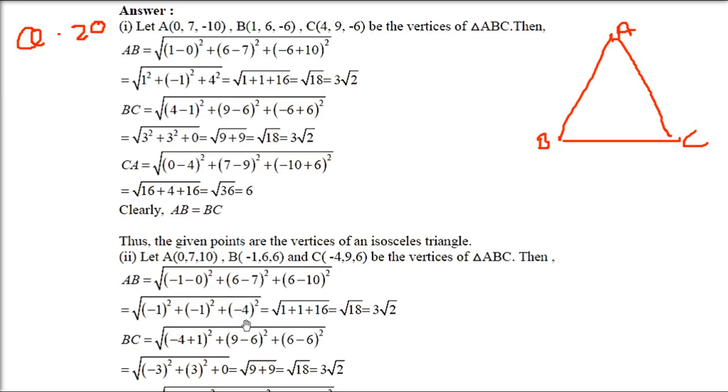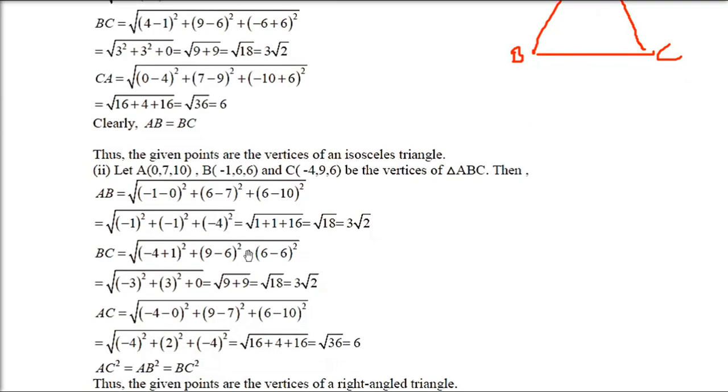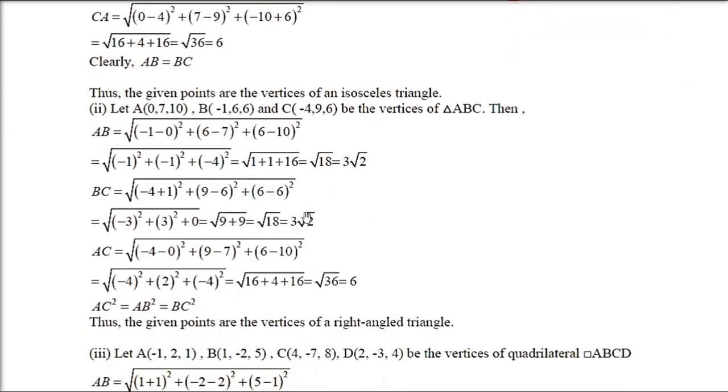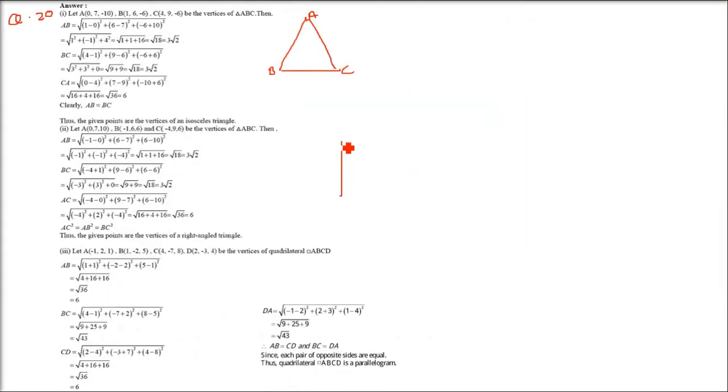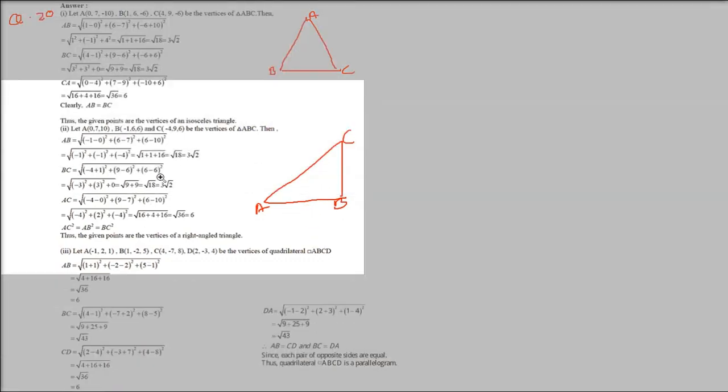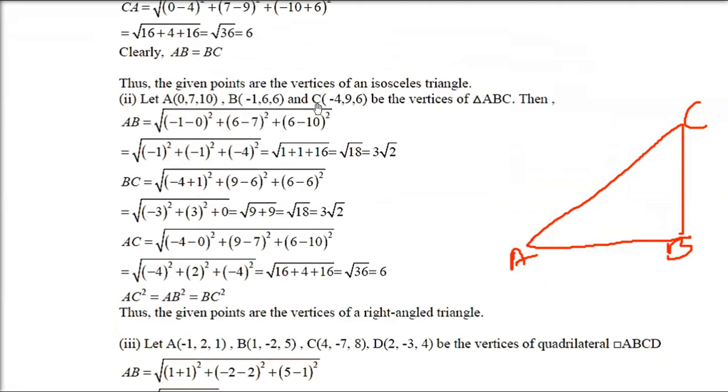But in the second part, the points are almost the same. So 0, 7, 10, 1, minus 1, 6, 6 and minus 4, 6, 9, 6. So we check whether AB square plus BC square equals AC square. Again I said, find out the triangle sides, take the biggest one, square it, take the other 2 smaller sides, square them, add them. If they are equal, that is going to be a right angle triangle.